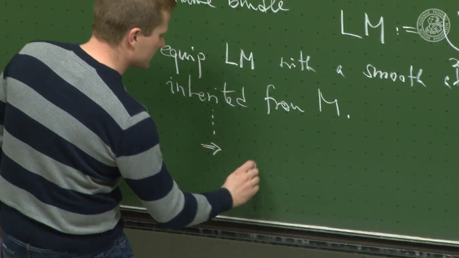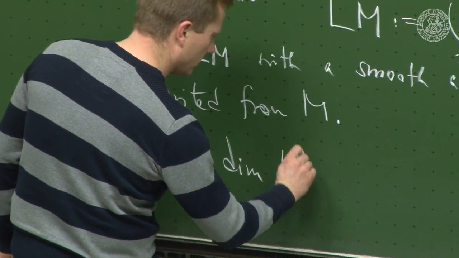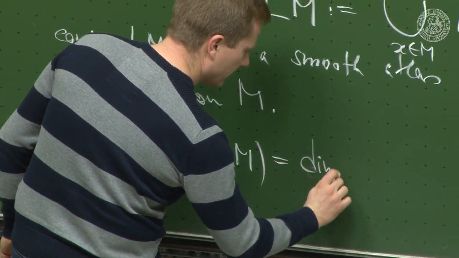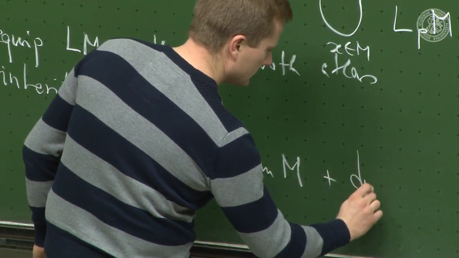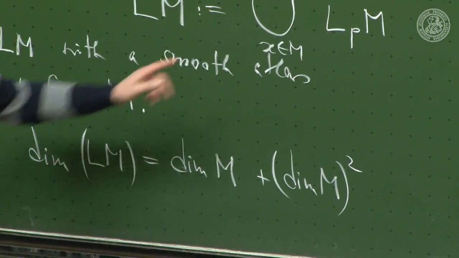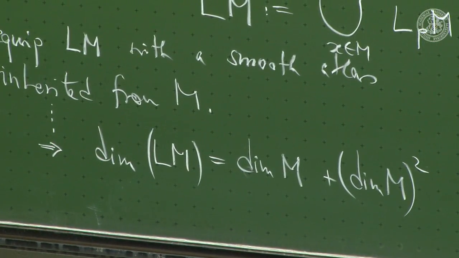And then you find, of course, that the dimension of the thus produced smooth manifold LM must be the dimension of M, that's the base manifold, plus the dimension of M squared, because of this. So it's dim M times 1 plus dim M. Okay, so that's the frame bundle, and this is the frame bundle as a smooth bundle.